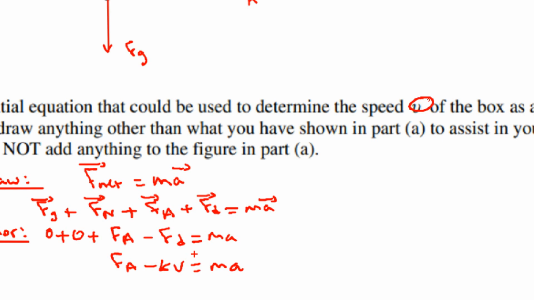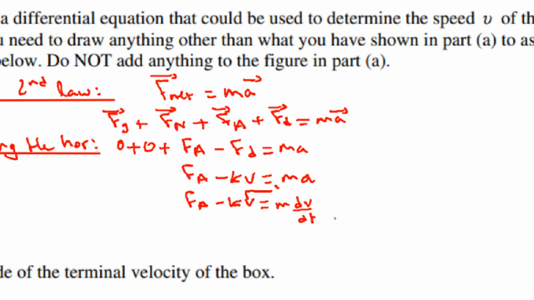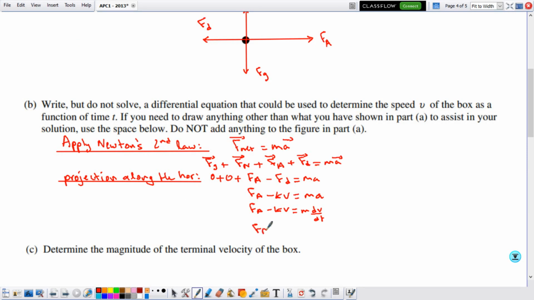However, if they're asking for the differential equation of a, we would convert v to be in terms of a. Now that would be Fa minus kv equals m dv by dt. Now moving this to the other side, we would have that Fa is m dv by dt plus kv.